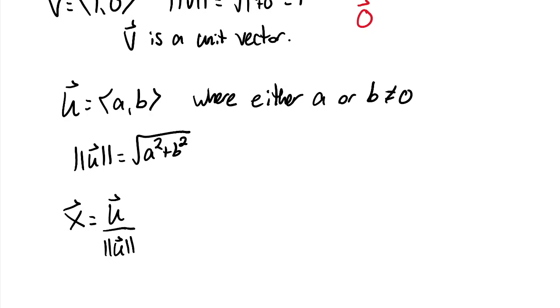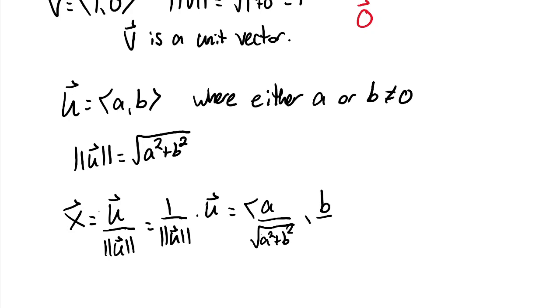Now we haven't talked about division, but at this point we should know that this is really just the same thing as multiplying by 1 over this thing, right? So it's going to work the same as scalar multiplication does. So this will be equal to (a over the square root of a squared plus b squared, b over the square root of a squared plus b squared).